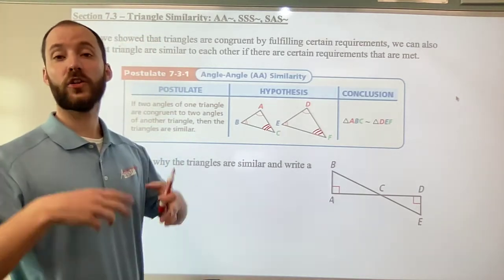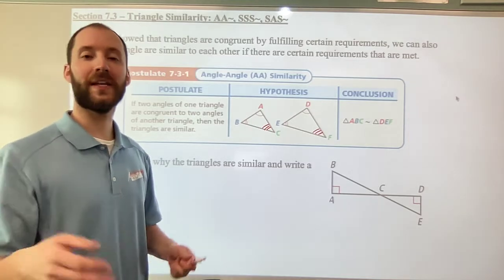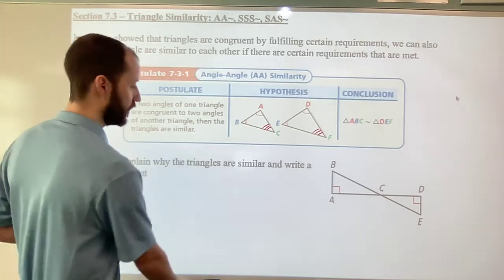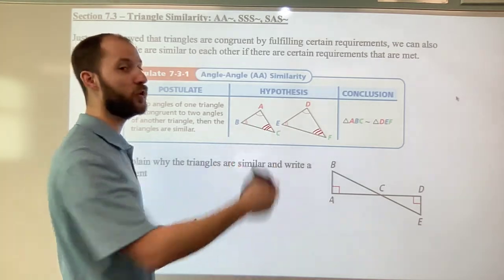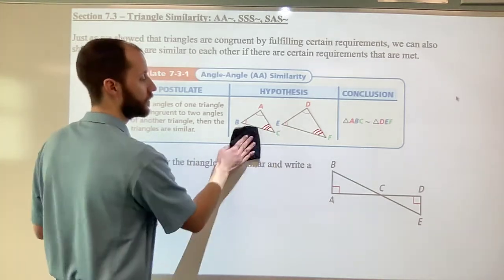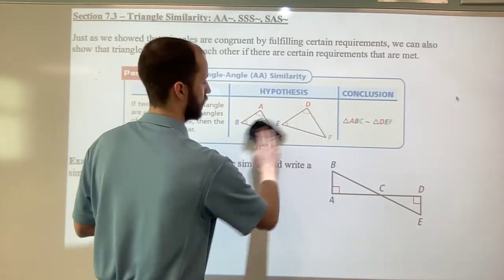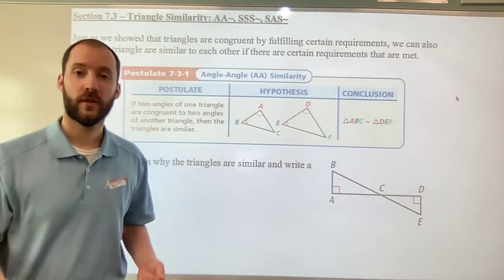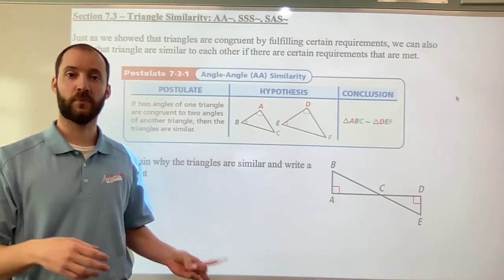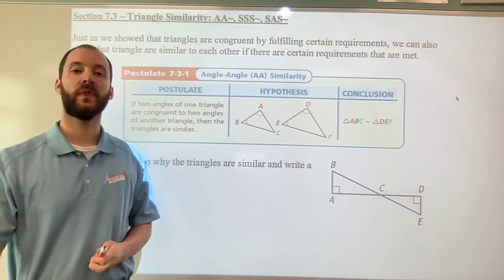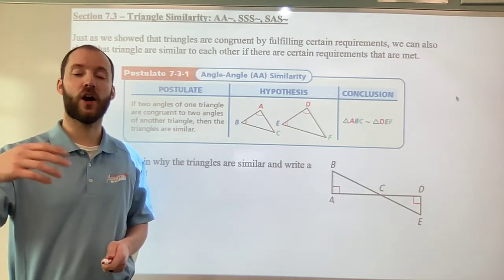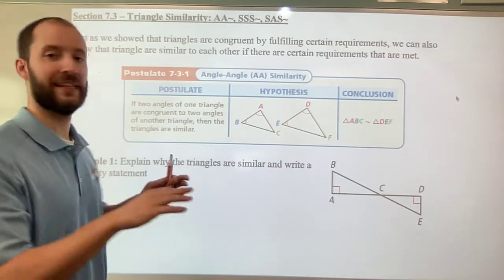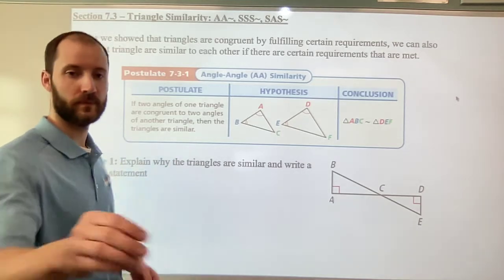But again, we're trying to go with the bare minimum information. Because we could always use the third angles theorem, we only need to know two angles that are congruent between the two triangles, because the third angles theorem can automatically get us the third. So all we really need are two.